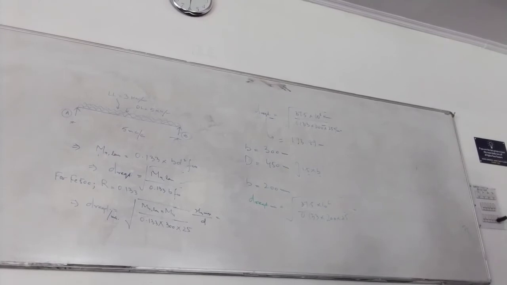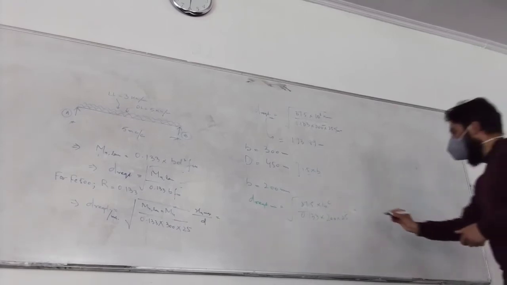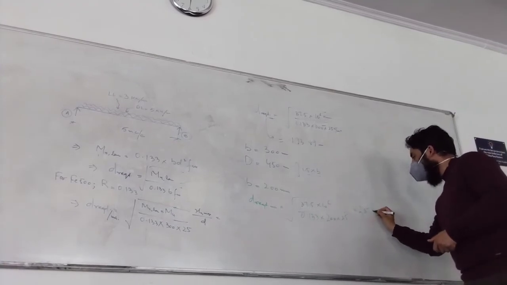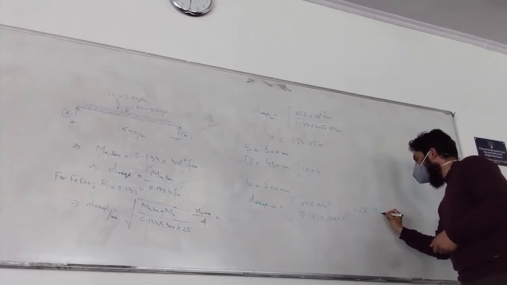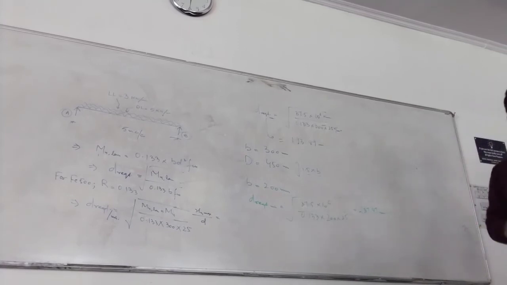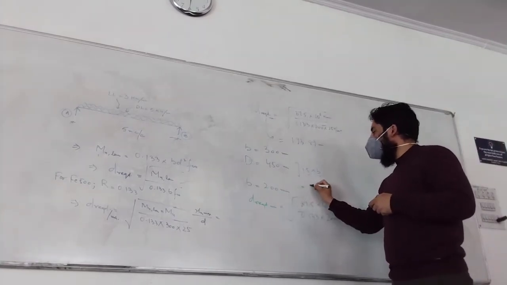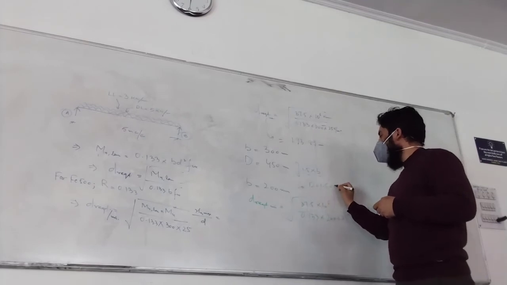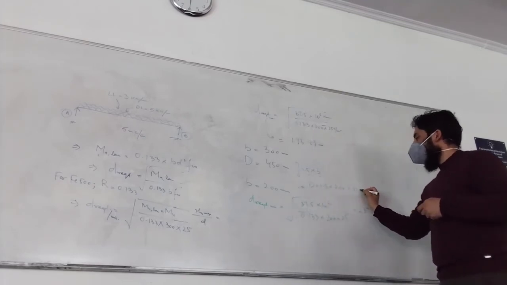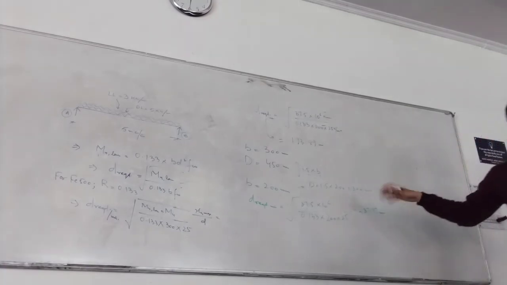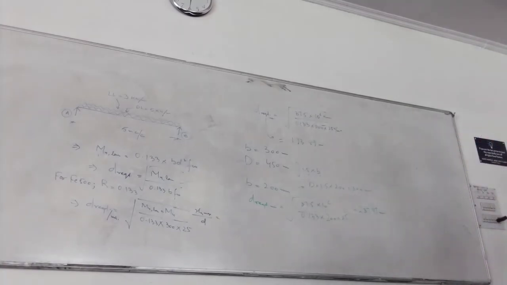You should all have calculators with you. 237.47 mm. So if I am now taking B as 200, and overall D as 1.5 times 200, it's 300 mm. Now it's within the range, but this is overall D.